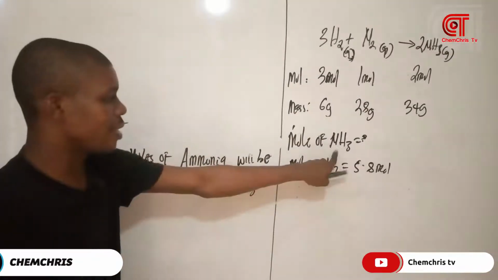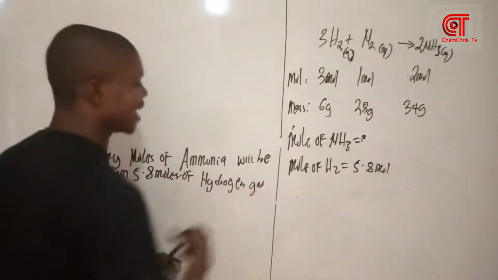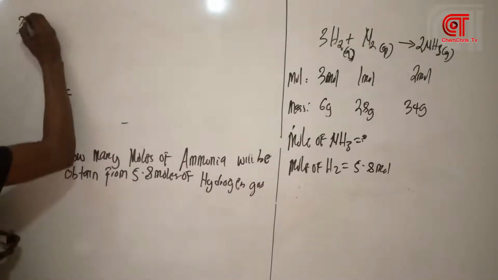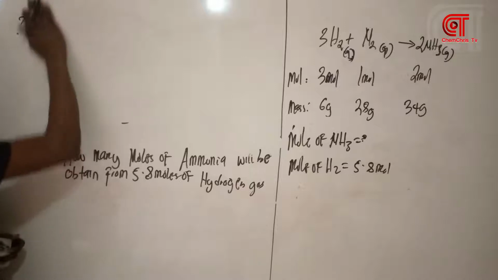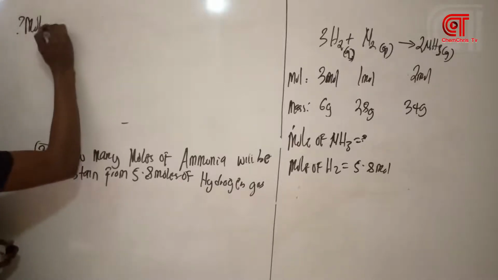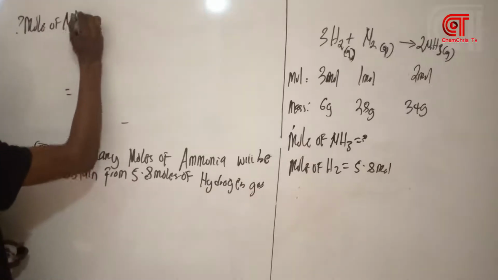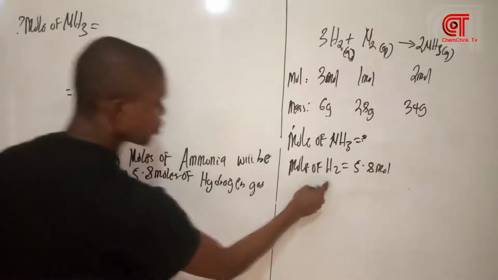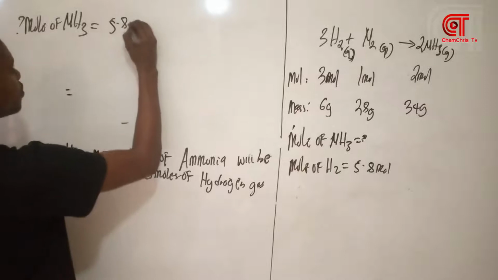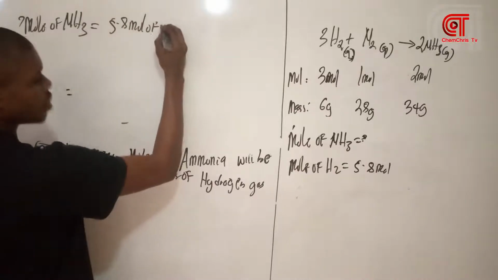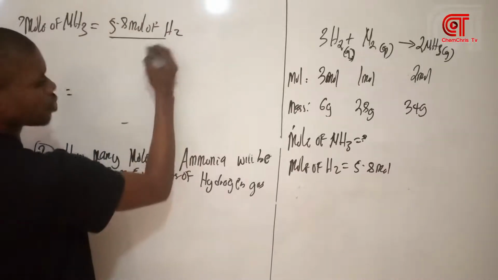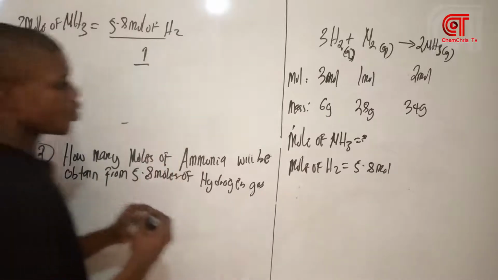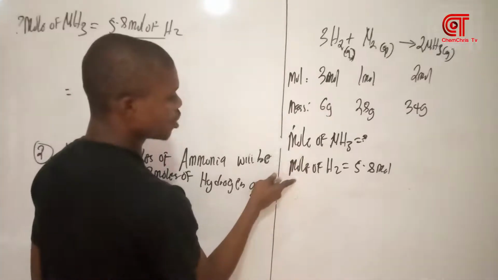So what are you actually calculating? You are calculating the mole of NH3. So the mole of NH3 equals, now we are being given the mole of H2, 5.8 moles of H2 all over 1, right? Remember it's going to be a mole to mole relationship.